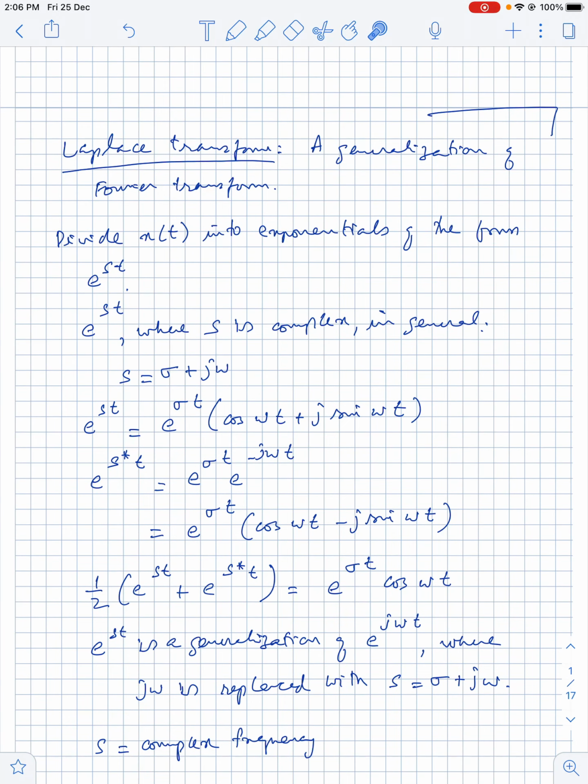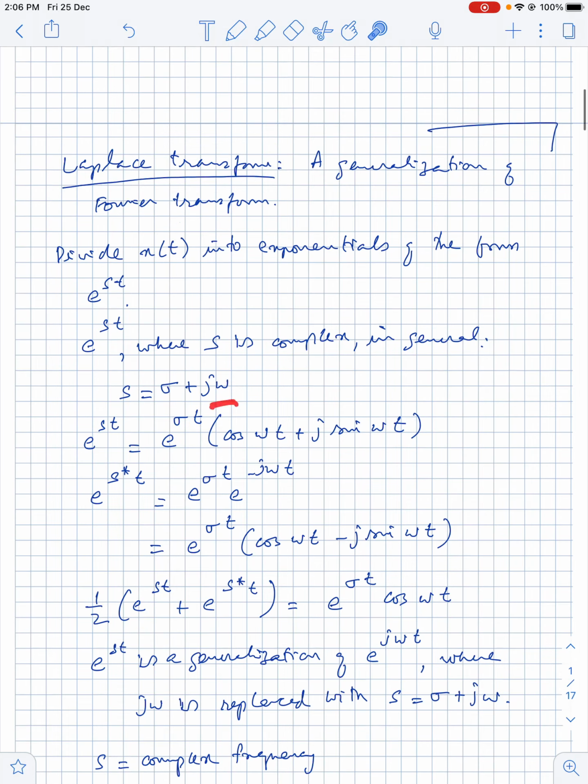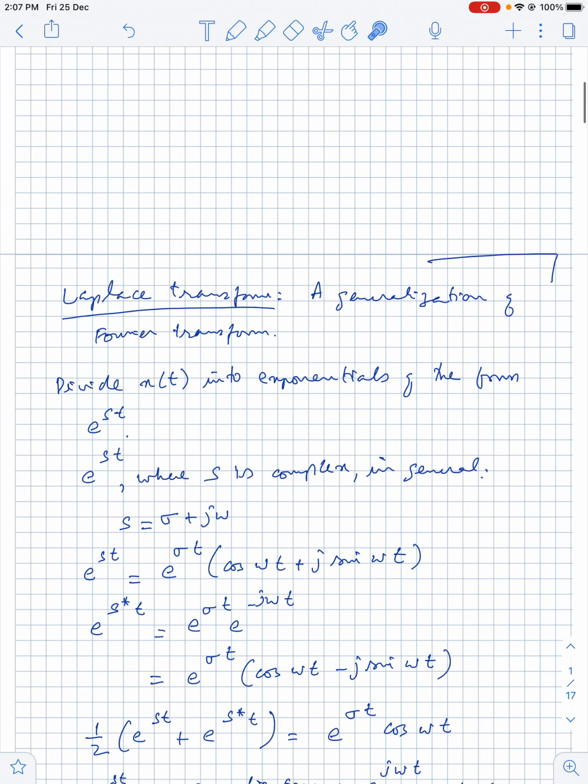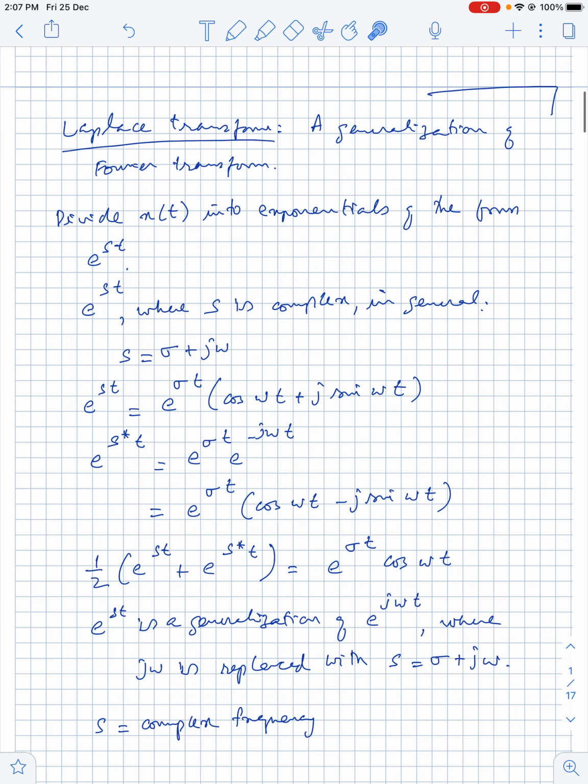You can see that in the Fourier transform, s was only j omega, whereas in the Laplace transform, s has a real part and an imaginary part. So you can see the similarity here.